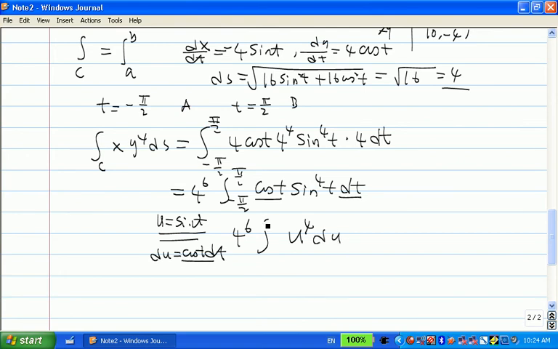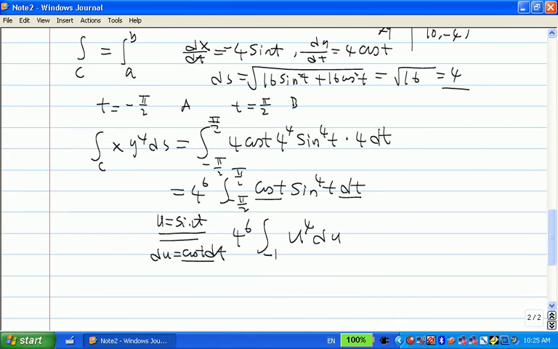Okay. Now you can change the limits here, or you keep the original and change it back, replacing u back with t. Now let me change that here. Okay, u equal to sine t. When t equal to negative pi over 2, your u equal to minus 1, right?